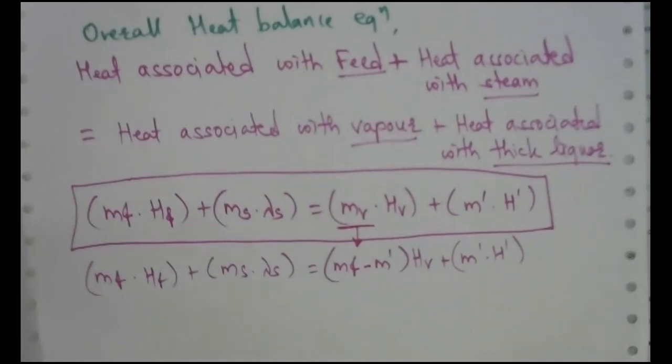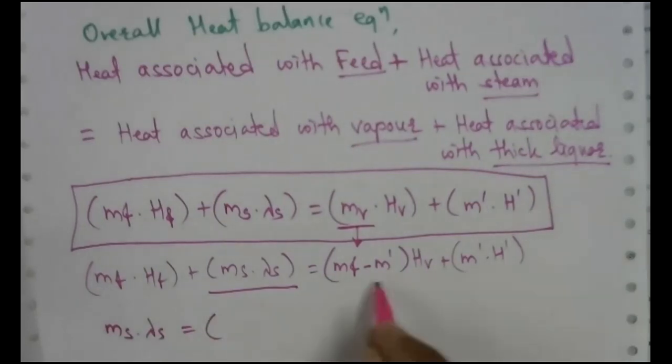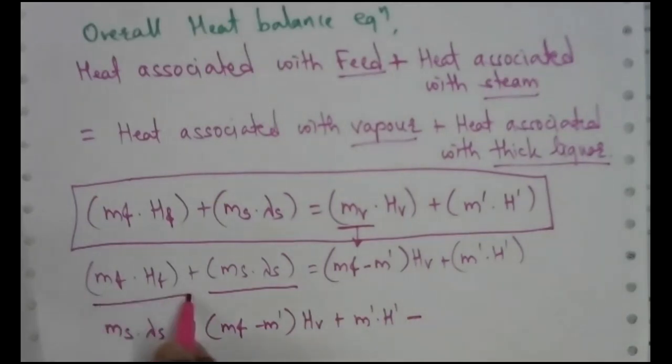Now we can also rearrange the equation for the calculation of ms lambda s. I am writing here only ms lambda s, and this term on the right hand side. The right hand side is the same, that is mf minus m dash times hv plus m dash h dash minus mf hf.